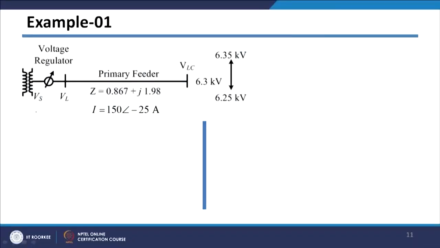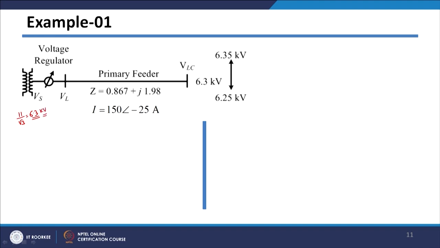So, in this case, I have considered example number 1. Let us say you have a primary feeder of voltage 11 kV level. However, I am considering a single phase feeder. So, the voltage of this will be 11 by root 3, which comes around 6.3 kV.